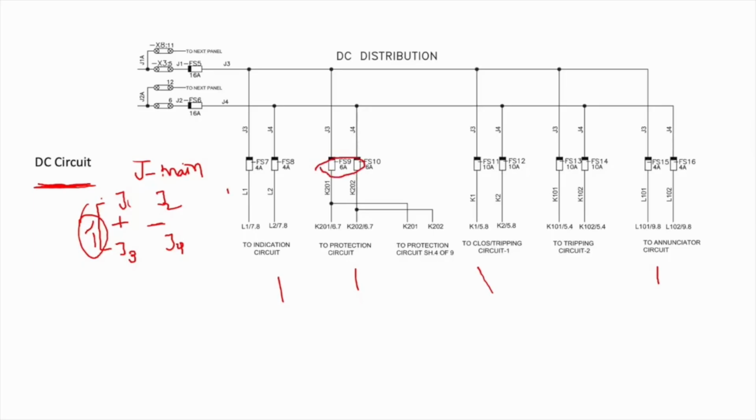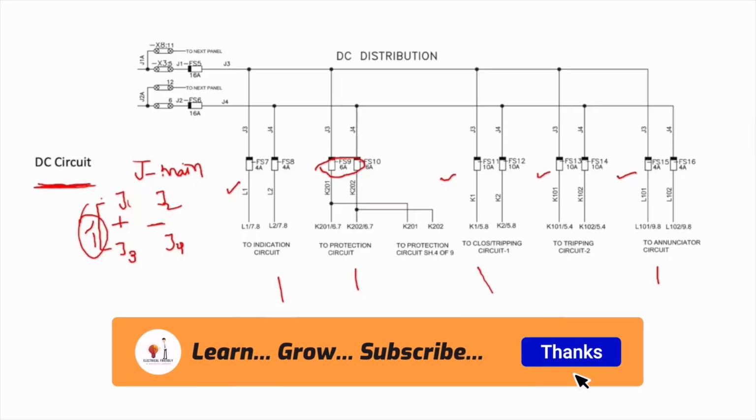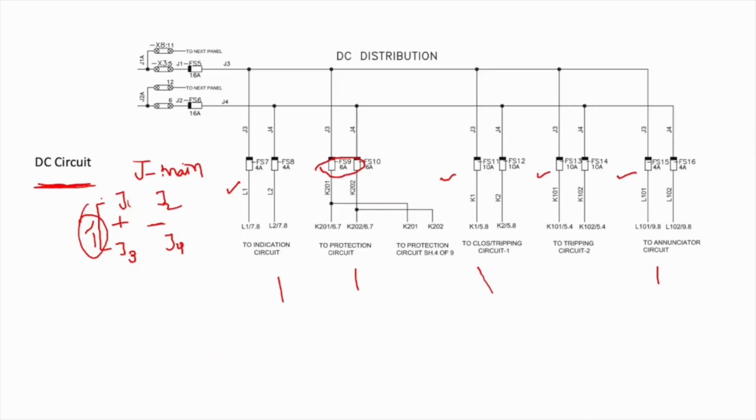The rest of our system will remain on. Do you understand? If we don't build this bus and provide a single DC supply for everyone, what will happen is that suppose a problem occurs, our entire protection will be isolated, bypassed, and our annunciation will also be bypassed, even though the fault lies elsewhere in the indication circuit.